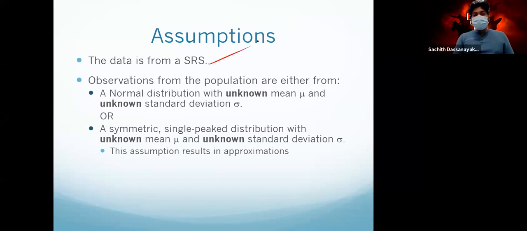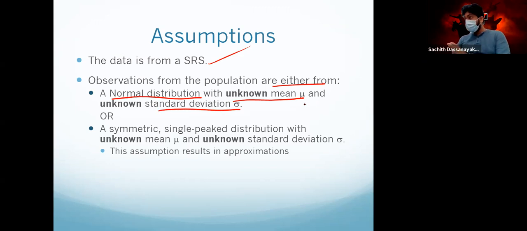The data set is from simple random sampling, so observations from the population. The population is normally distributed with unknown mean mu and unknown standard deviation sigma. We don't know mean and sigma. The population is normally distributed.